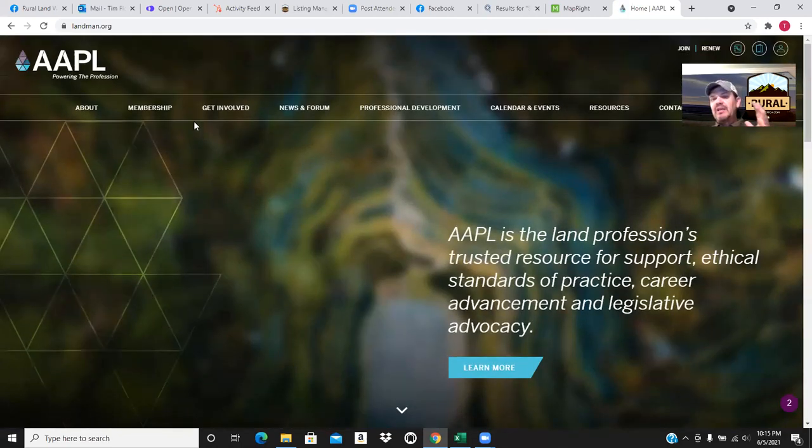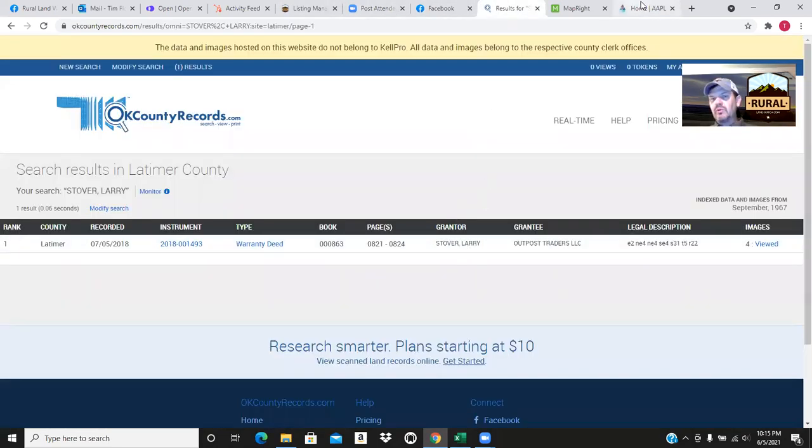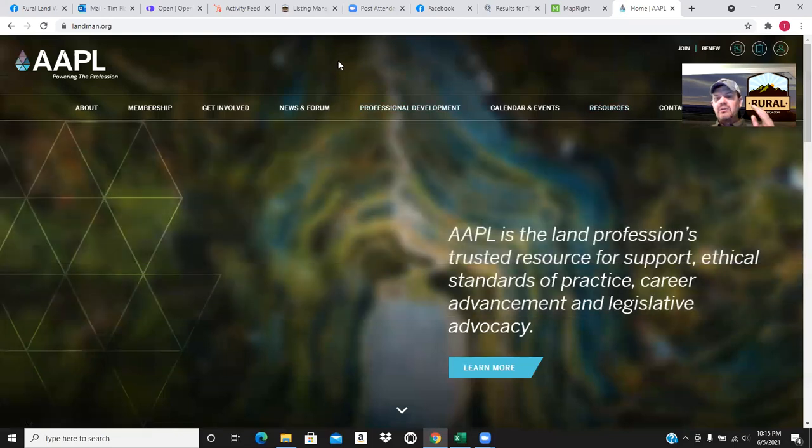A landman is a specific title within the petroleum industry, and their job is to research mineral rights in the same way that I'm talking about surface rights and this process of grantor and grantee. The landman skill is designed to research everything below the ground where the minerals and the oil would be.